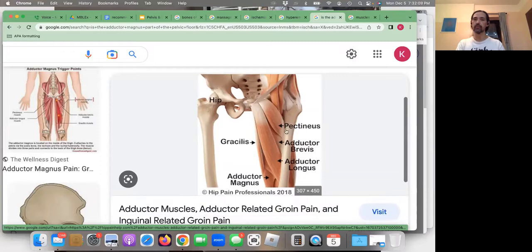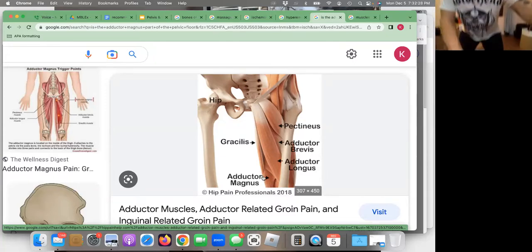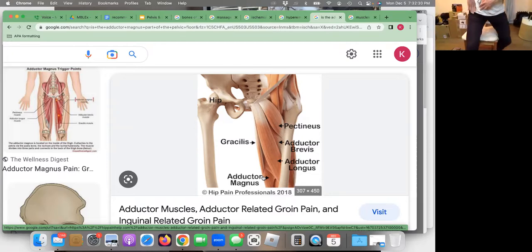Then the topmost muscle of the adductor group is the pectineus, followed by the adductor brevis, the adductor longus, the adductor magnus, and the gracilis. So we're going not just from superior to inferior, we're also going from lateral to medial.